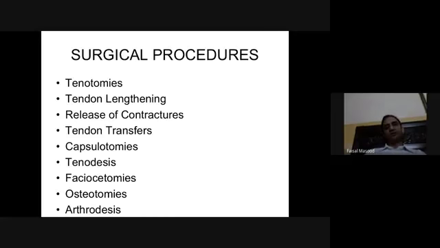Tenodesis, you cut the tendon and you stitch it across the joint. Fasciectomies, the gastrocnemius fascia is released. At times the fascia is contracted. Osteotomies, if the child is older and there are bony deformities, you go for bony osteotomies. Arthrodesis, if the joint has a severe contracture and no muscles are available, you correct and arthrodese the joint.